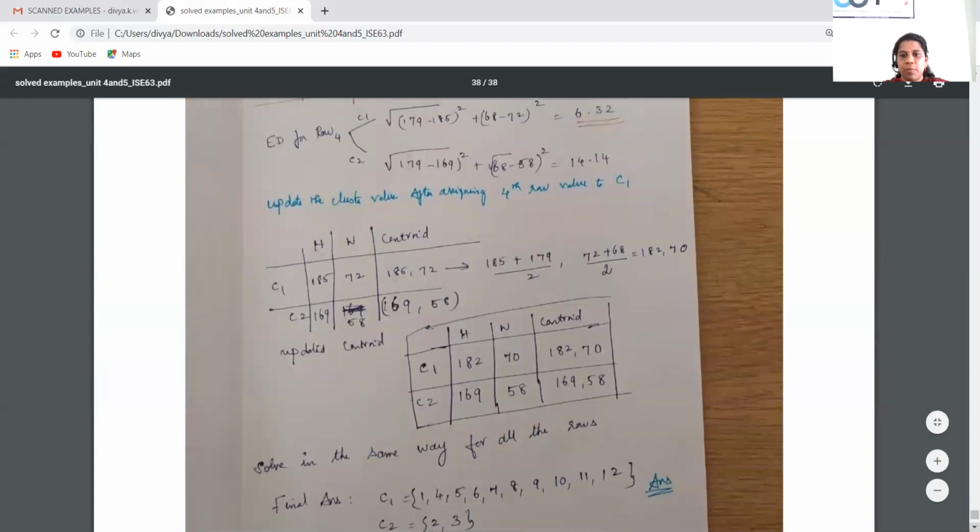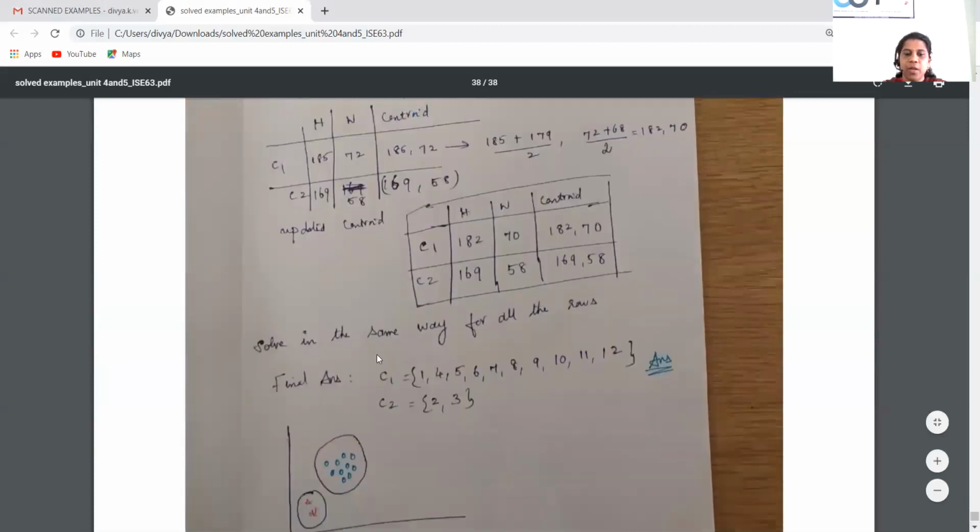Now finally, if we complete the procedure, we will get that cluster 1 will have 1, 4, 5, 6, 7, 8, 9, 10, 11, 12, all these values. Cluster 2 will have 2 and 3.